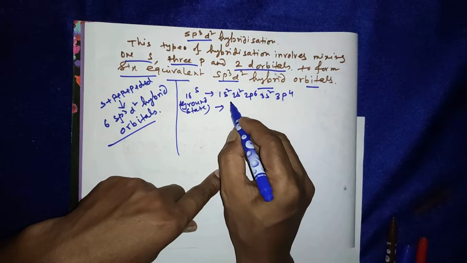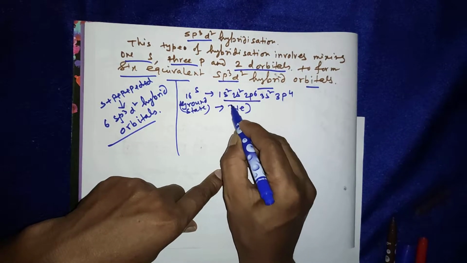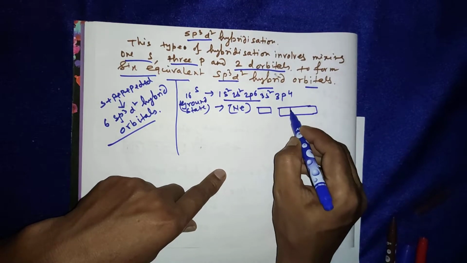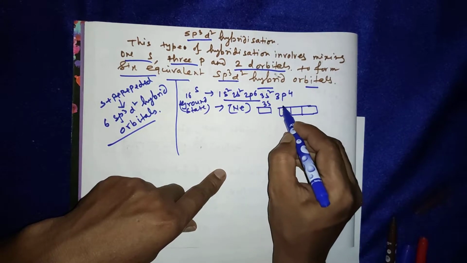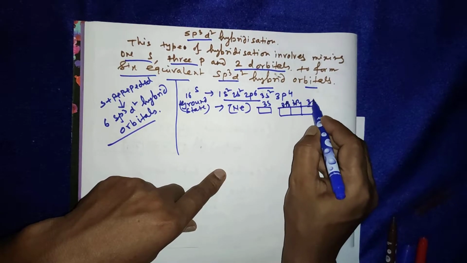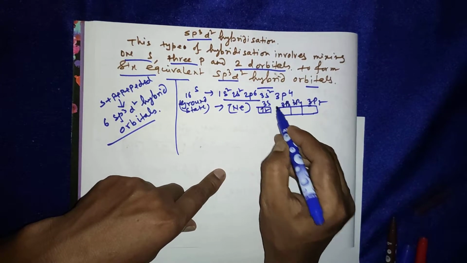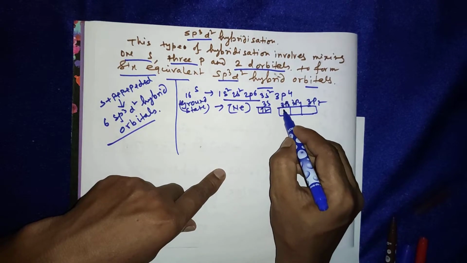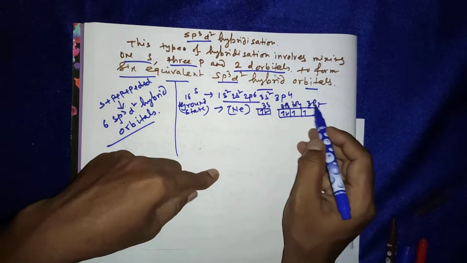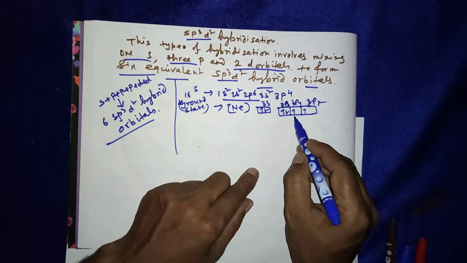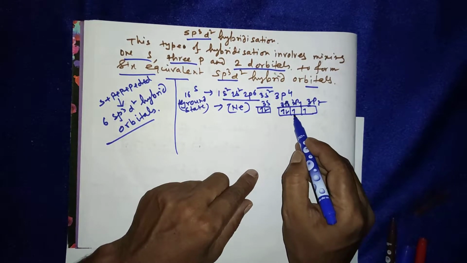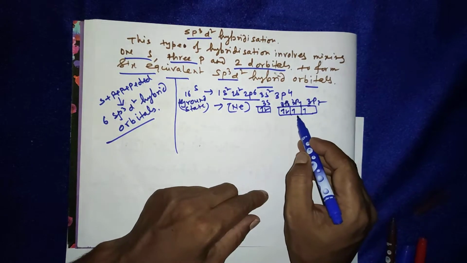Okay, so this portion is neon configuration, and this is 3s, this is 3p: 3px, 3py, 3pz. So you can see the number of unpaired electrons in this case is 2.